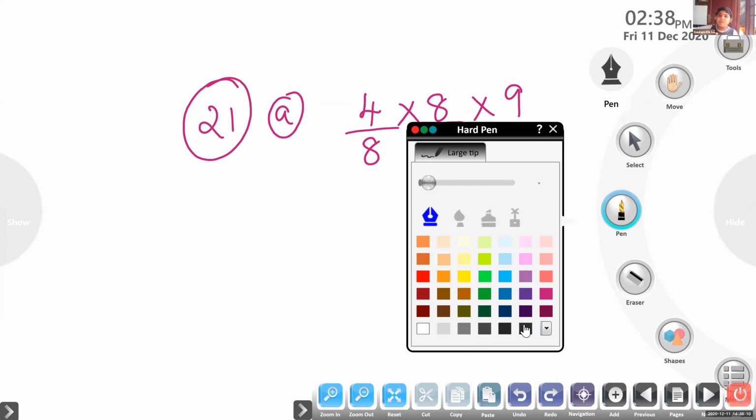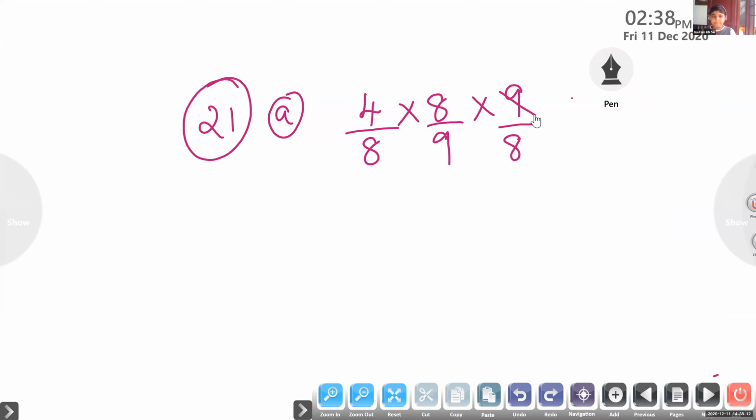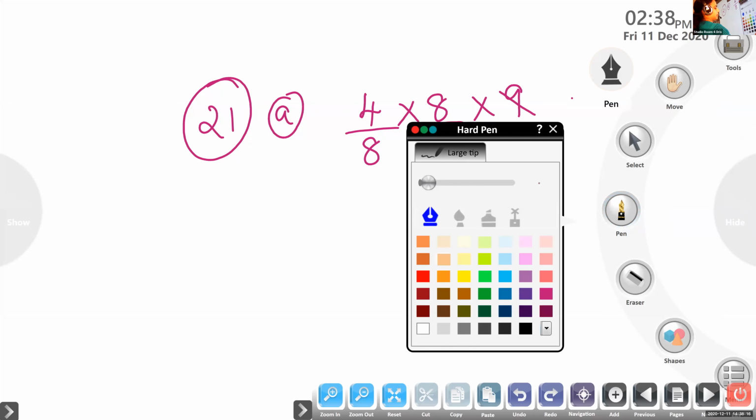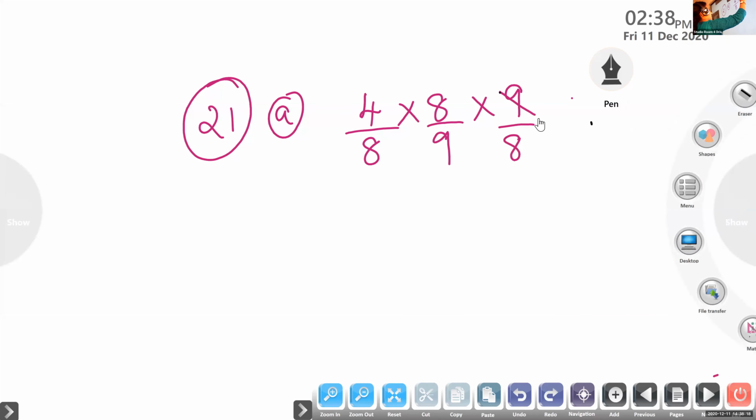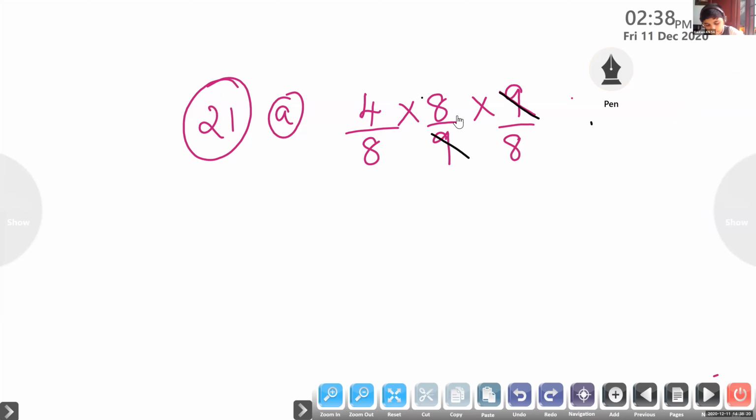This is easy. You can cross out 9 and 9. 9 and 9 can be cut. 8 and 8. Is there anything remaining? 4 and 8. So the correct answer is 1 by 2. Very easy.